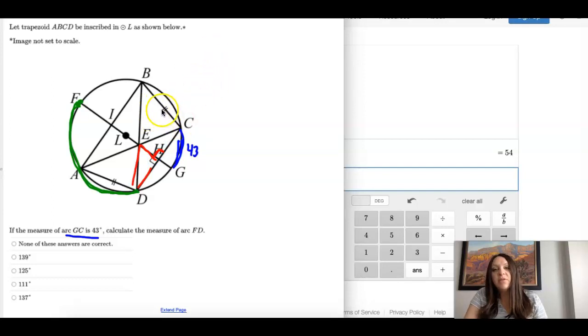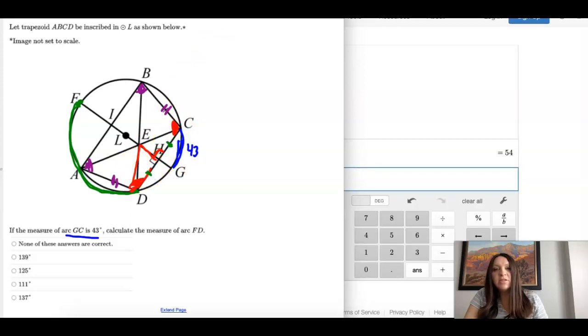See how these sides are the same? This means this is an isosceles trapezoid. So just like isosceles triangles, the angles are the same. So this angle would be the same as this angle, and this angle would be the same as this angle, meaning that these right triangles are similar.